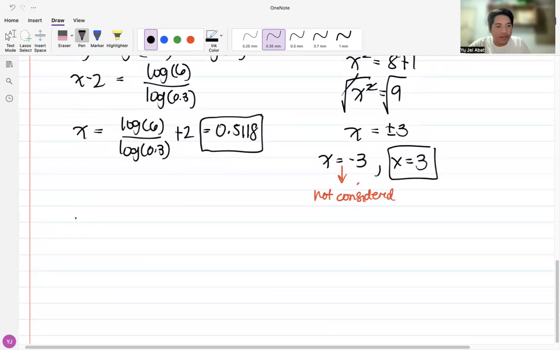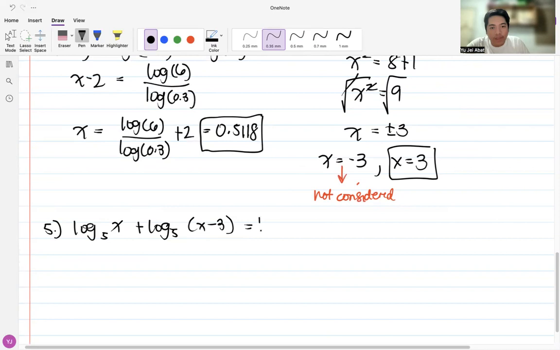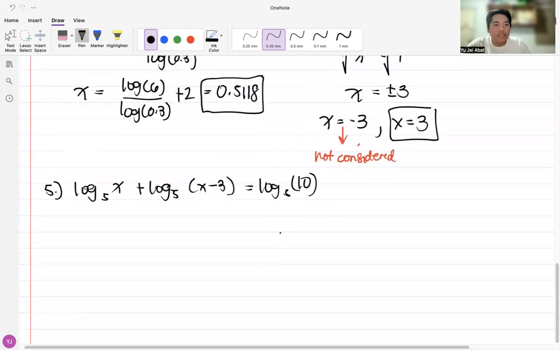Another example we have here is log of x with base 5 plus log of (x minus 3) with base 5, equals log of 10 with base 5. First things first, since this is an addition, we are going to apply the product rule.